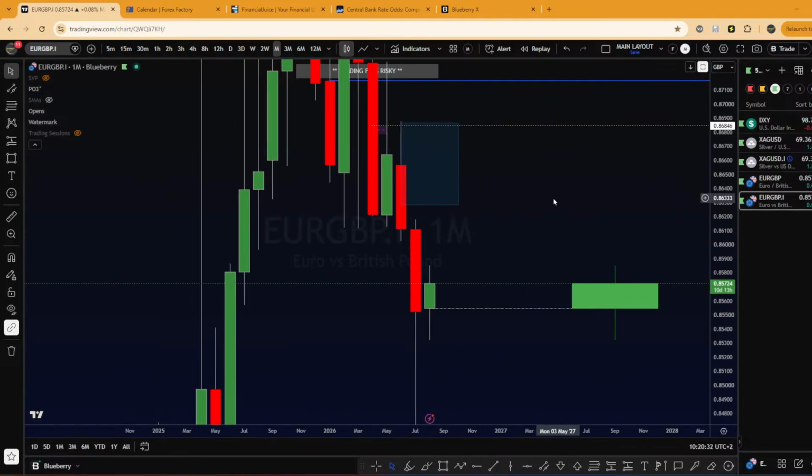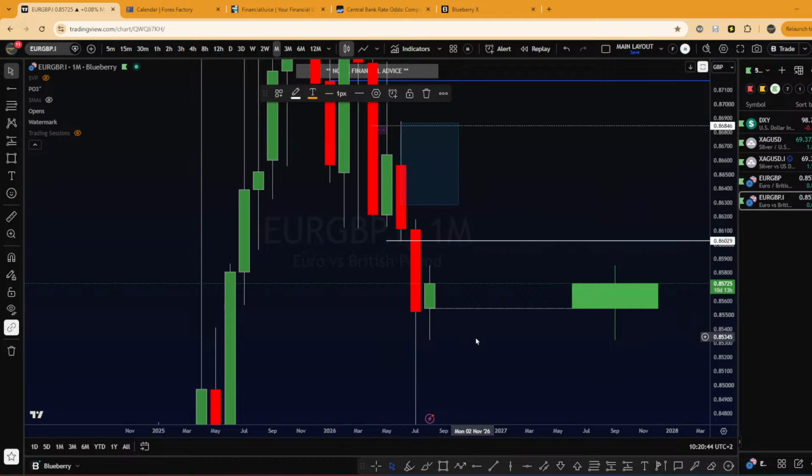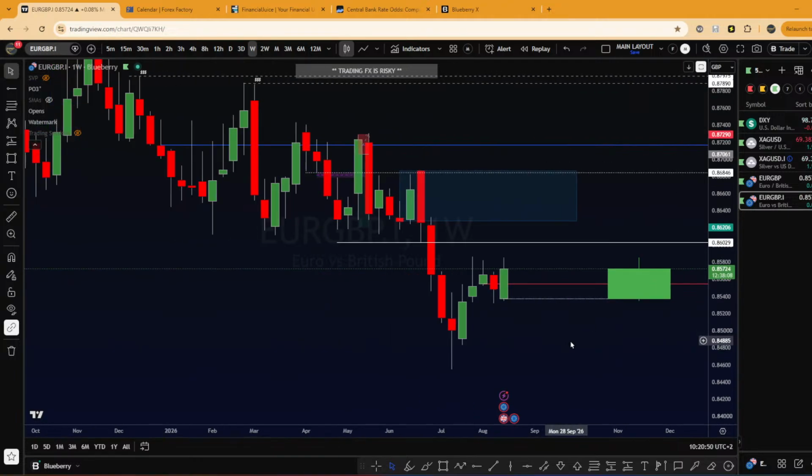Yeah, see, we have some level here where we could potentially target this imbalance to fill, on potentially this supply zone right there. So yeah, there is good room to target. So very interesting.